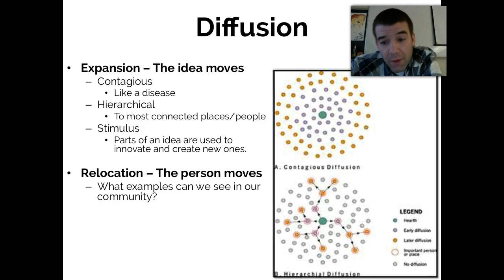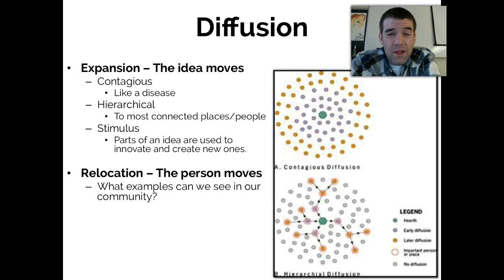Hierarchical is similar to contagious diffusion, but it's not. It's a little bit more arbitrary, in the sense that it usually comes from a place of hierarchy. So you look at the image to the right, you see this idea of there's a hearth, and then you're seeing some diffusion usually through something or an entity of importance.